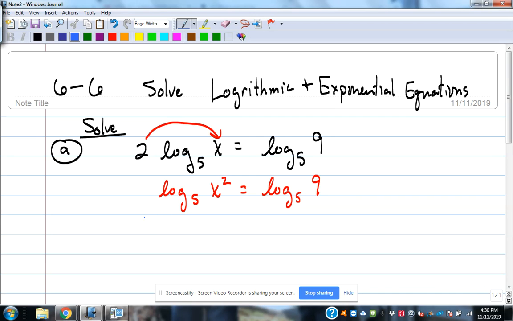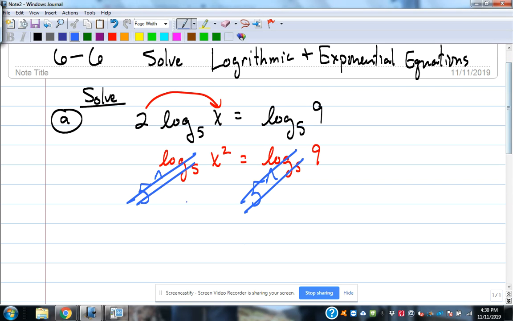So 5 is the base, so we make 5 the base of the exponent. This goes back to the simplifying property from the first section, that if the base is the same as the log, then these cancel each other out. And that's how you get x squared is equal to 9.